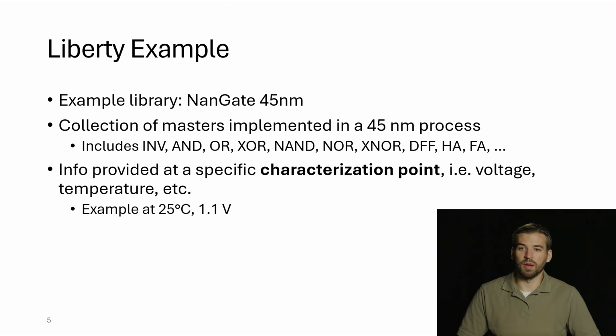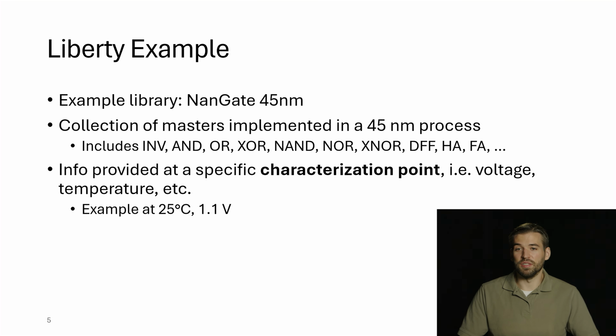So this library will include cells such as inverters, AND gates, OR gates, XORs, that's exclusive OR, NAND gates, NOR gates, etc. For all types of major devices that you may want to include.